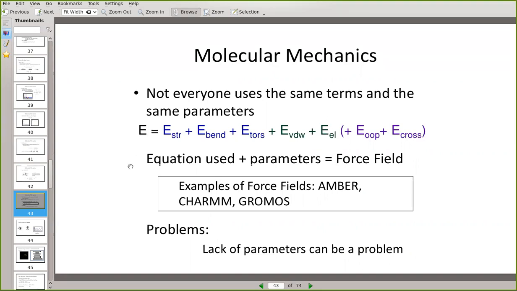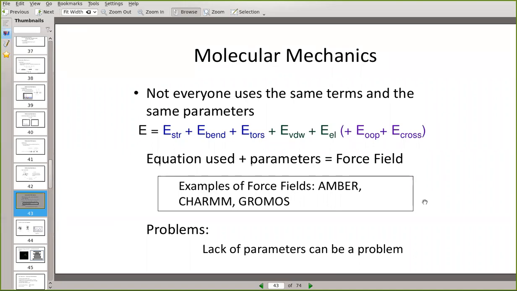But of course, the exact equation you use, including refinements and the parameters, is called a force field. And so examples of force fields are the AMBER, CHARMM, and GROMOS force fields. Okay. So it is really a very efficient way of cleaning molecules. It's really a fast way of cleaning molecules.